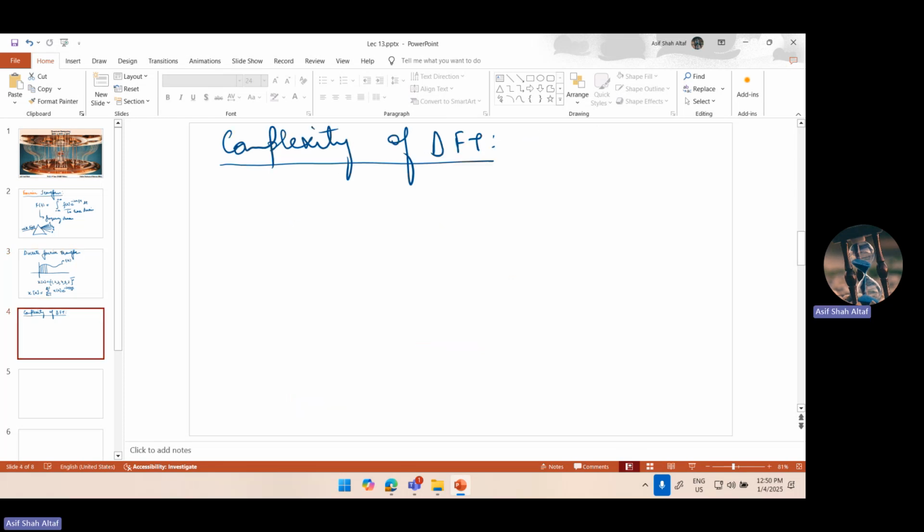So assuming that I have a signal with N samples, which I can write as a power of 2, 2 to the power n.